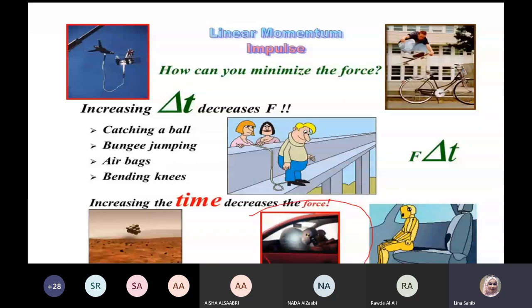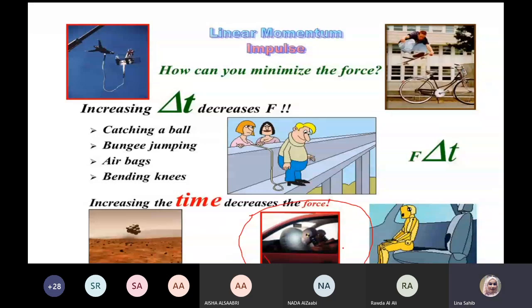This is an example of a driver moving with the car with a specific momentum, velocity multiplied by mass, and suddenly having an accident. So automatically his body will hit, and his face and head will hit the steering wheel.